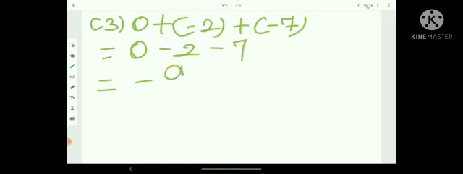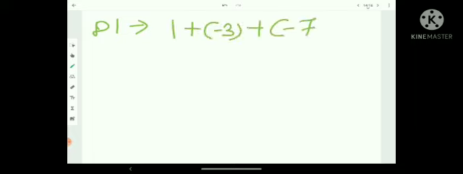So now we are going on with the diagonals. Diagonal 1 is 1 plus minus 3 plus minus 7. So is equal to 1 minus 3 plus minus 7. So sorry, 1 minus 3 minus 7. So here 7 minus 3 is simply 1.